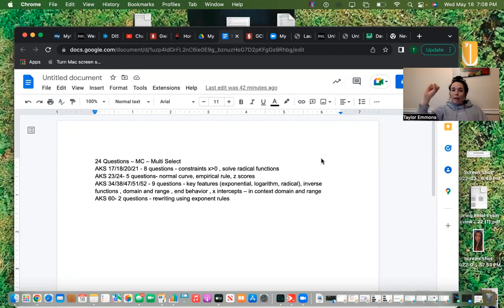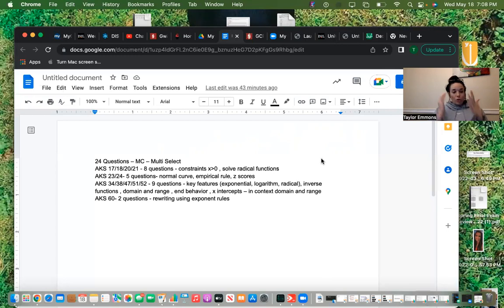The only thing that I think I would be super worried about for y'all, again, would be AKS 34 or 38. And I think it's going to be in context. And I don't really know how to prepare you for a word problem that I don't know they're going to give you. Okay. So with that being said, you really just want to think about real world context.